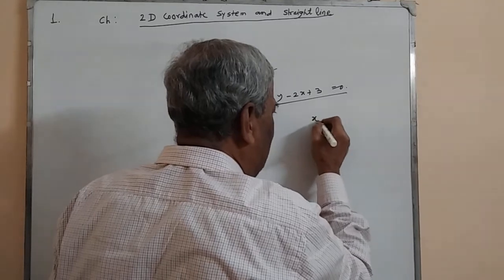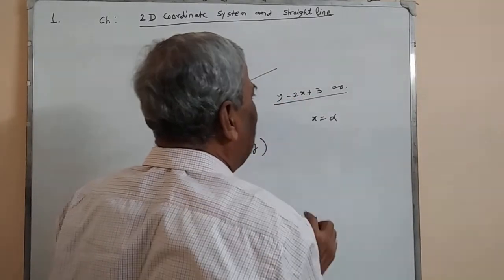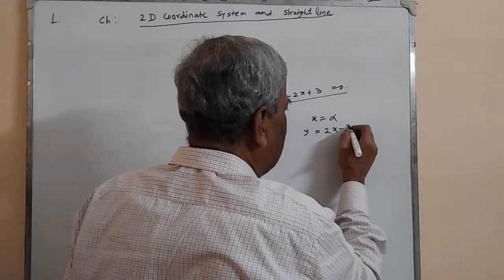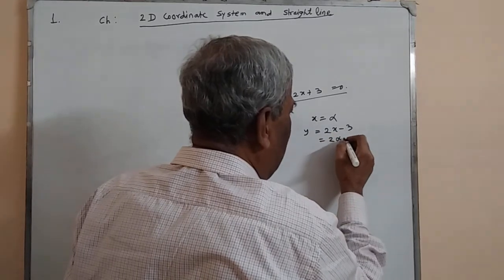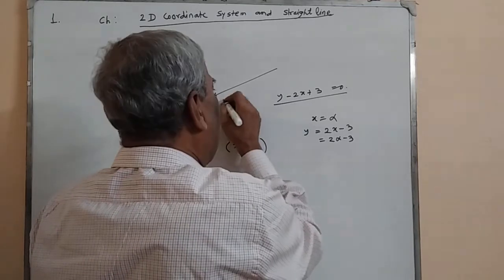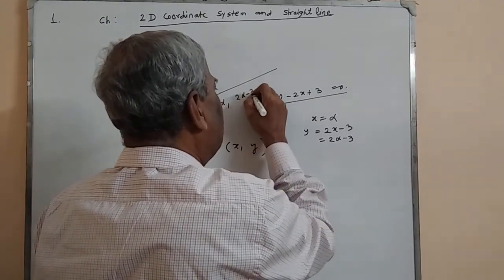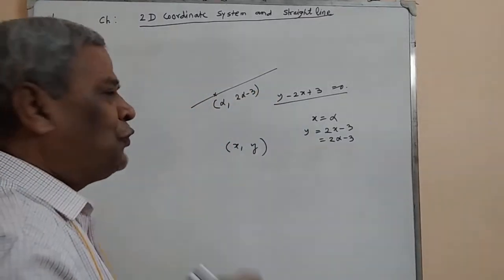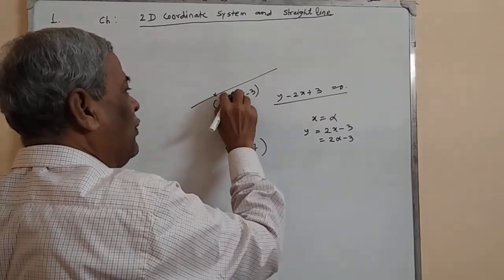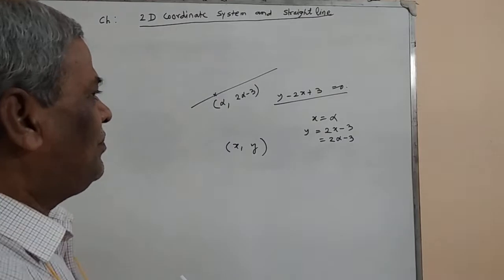Take x is equal to alpha. Then y will be equal to 2x minus 3, that is 2 alpha minus 3. So any point of that is alpha comma 2 alpha minus 3. For different values of alpha, this point will be either here or there, at least on the straight line.